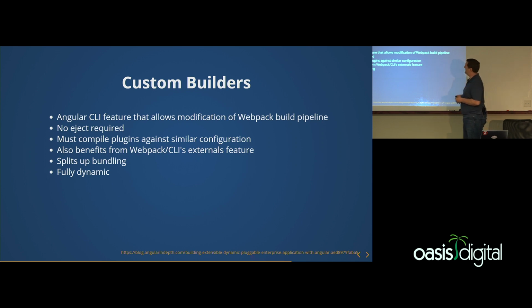Fortunately, though, because this extends Webpack through the CLI, you don't have to eject. You're still using the CLI to do all of your work. It also benefits from another feature that's been added to the CLI: access to Webpack's underlying externals feature, which is a way of saying, I know that when I compile this, I expect this external library to be present at runtime.